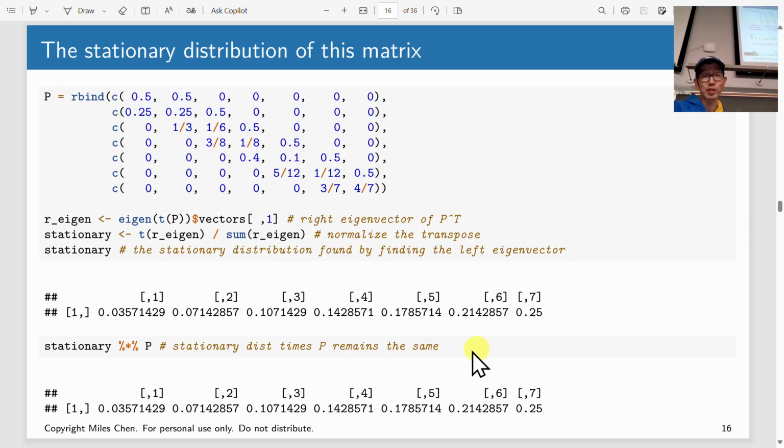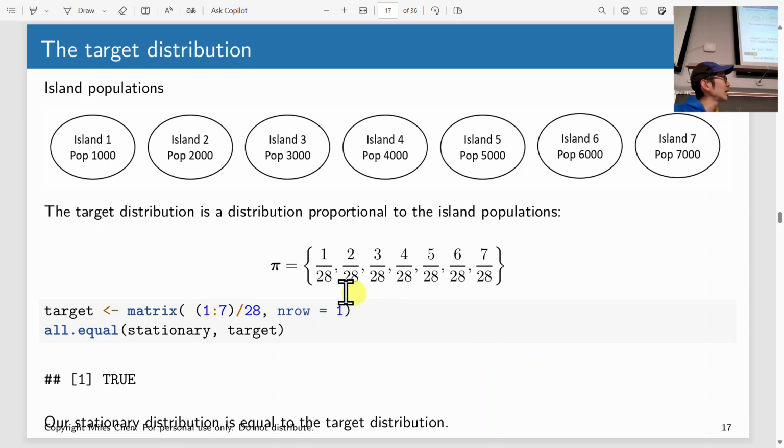And just at first glance, it looks like that. We can verify. I can say, all right, if this is my target distribution, 1 through 7 divided by 28, I can just check to make sure everything is equal between the stationary distribution and the target distribution, and that comes back true. All equal is all approximately equal.